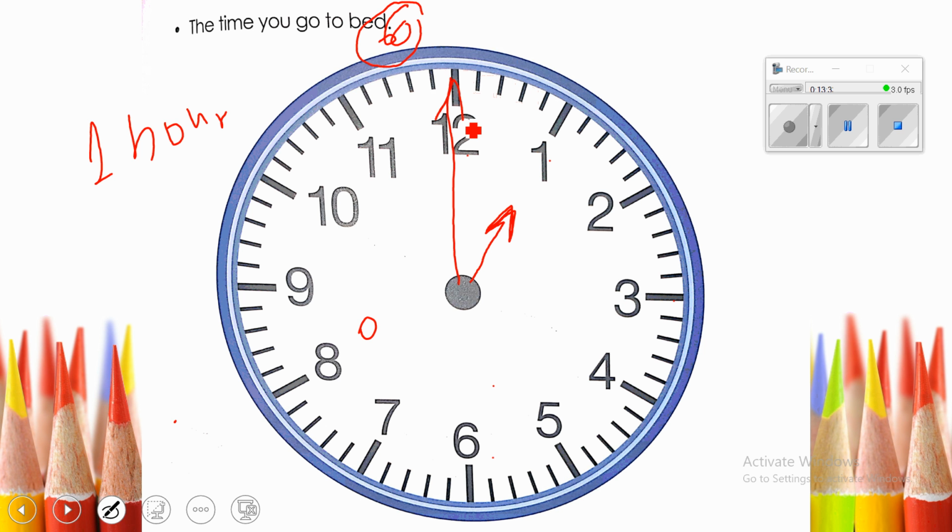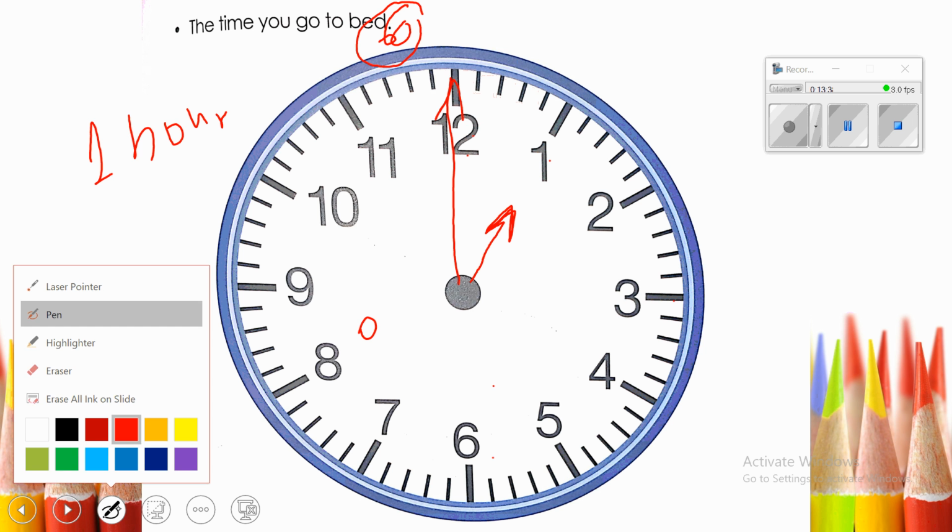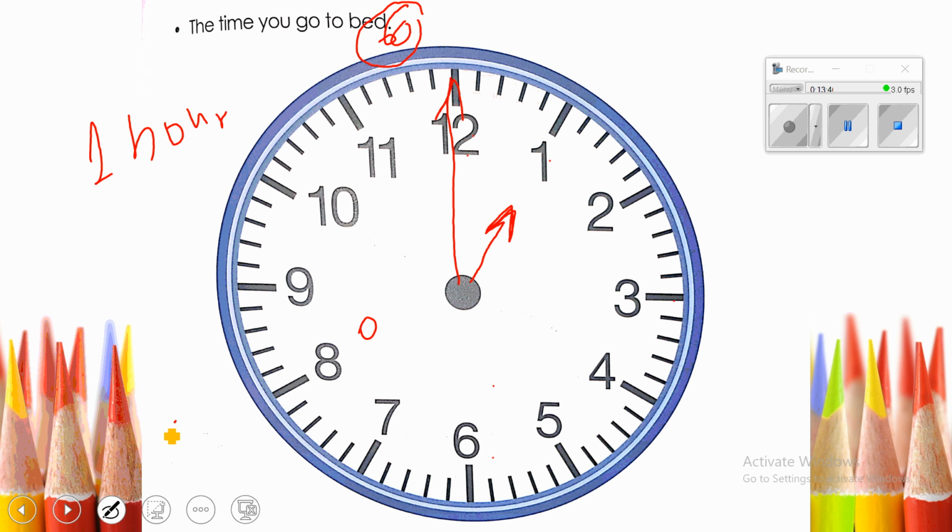But when the hour hand, I'll change the color, when the hour hand is between 1 and 2, that means it's not exactly 1 o'clock. It may be closer to 1 o'clock and 25 minutes. Today, we'll talk about 30 minutes.